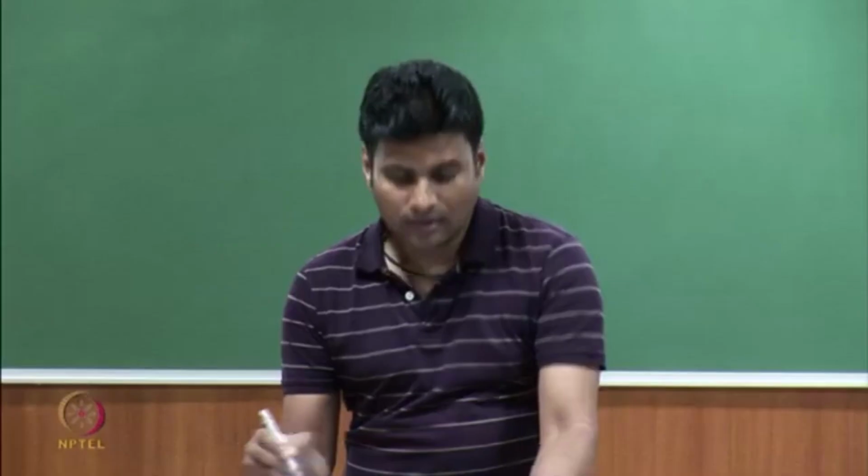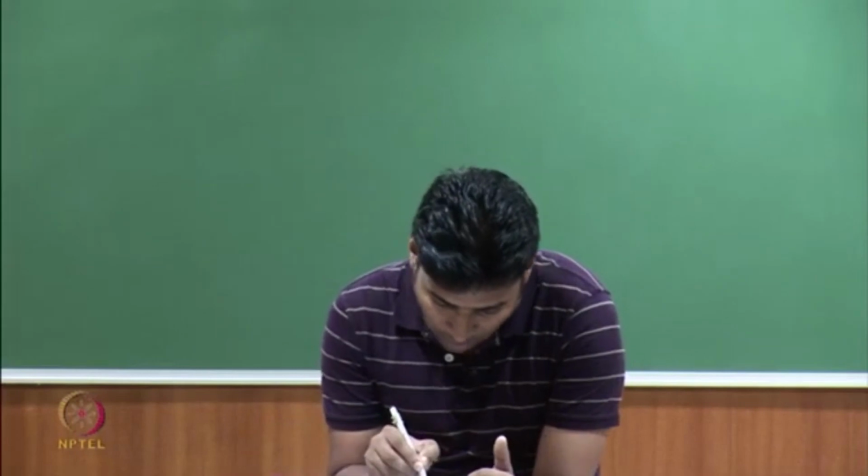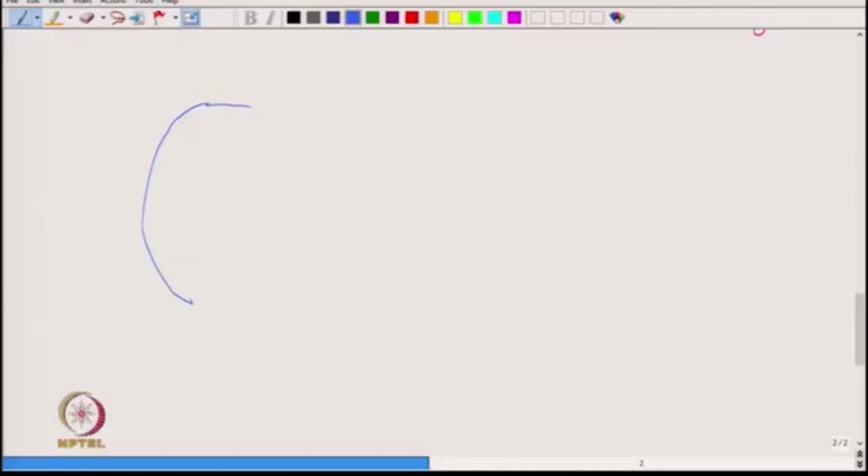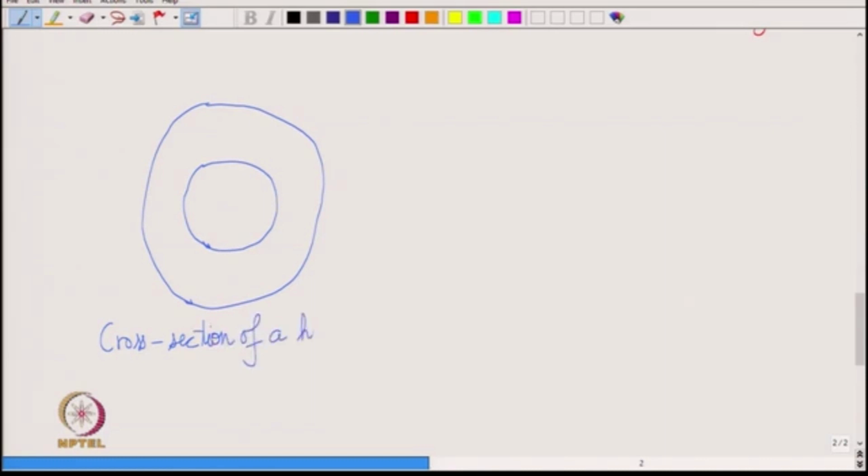So, again think of our hollow cylinder. So, we have this hollow cylinder and this is this cross section. So, cross section of a hollow cylinder, and think of a circumferential line in this hollow cylinder.